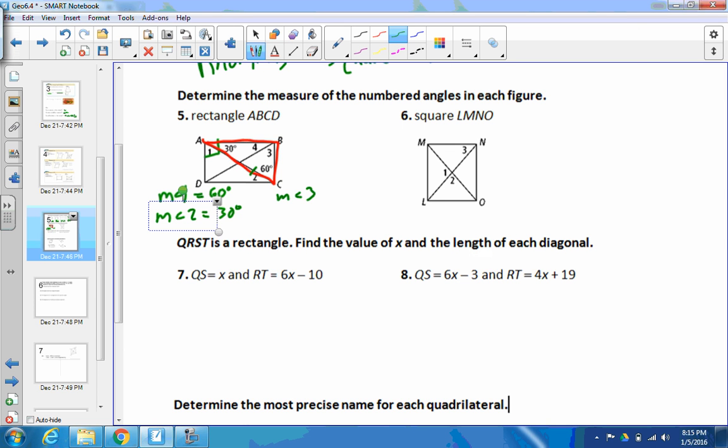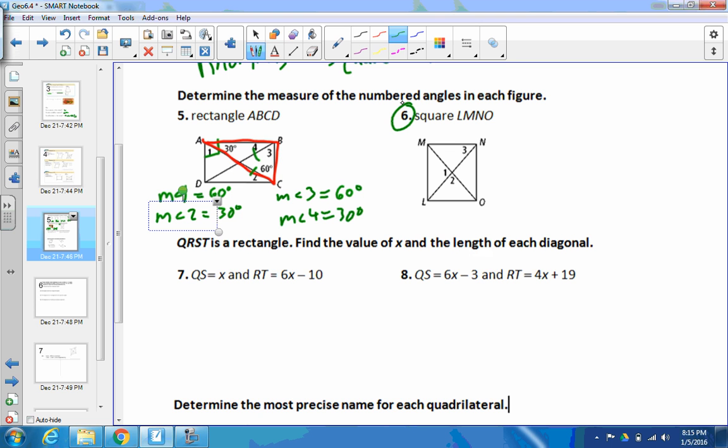So this would be congruent to this, and if it's an isosceles triangle, that would make that an isosceles triangle. So these two angles in here have to be congruent. So 3 would have to be equal to 60 degrees. And then the same thing would go for the top one. The measure of 4 would have to be equal to 30 degrees.